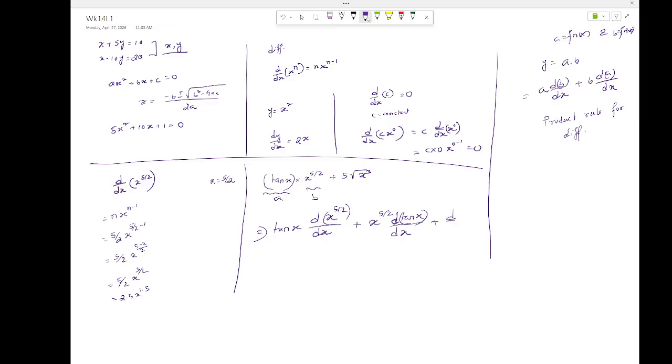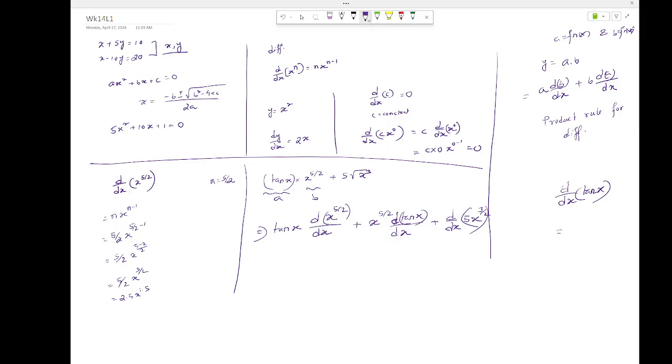Plus I'll be writing d by dx of 5, it's the same thing. Can you solve it now? This won't be that bad because if you remember, the derivative of tan x means d by dx, that's the equation, by the way.